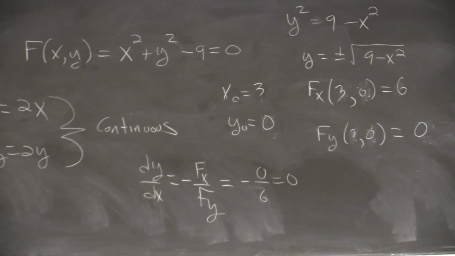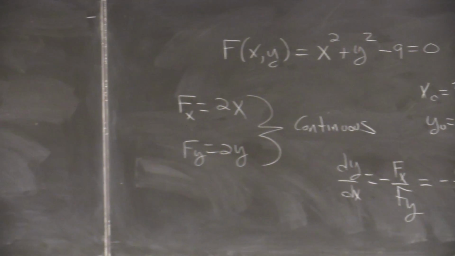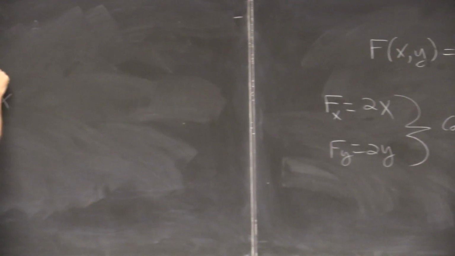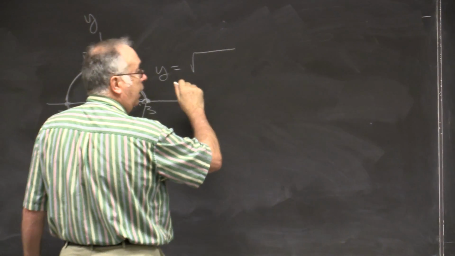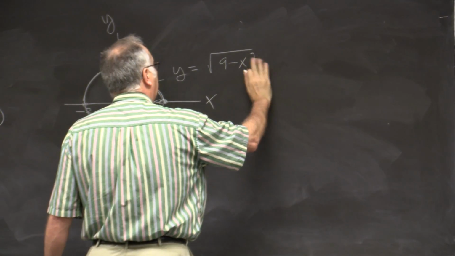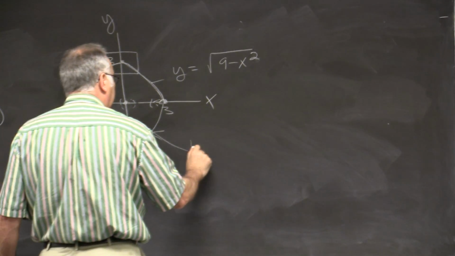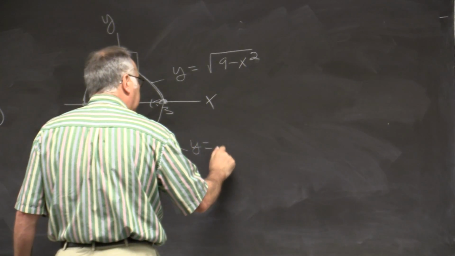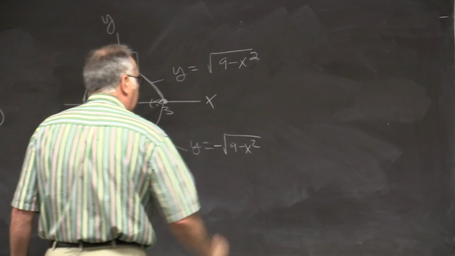So this upper half right here is really the function y equals the square root of 9 minus x squared, and this lower half is really the function y equals minus the square root of 9 minus x squared.